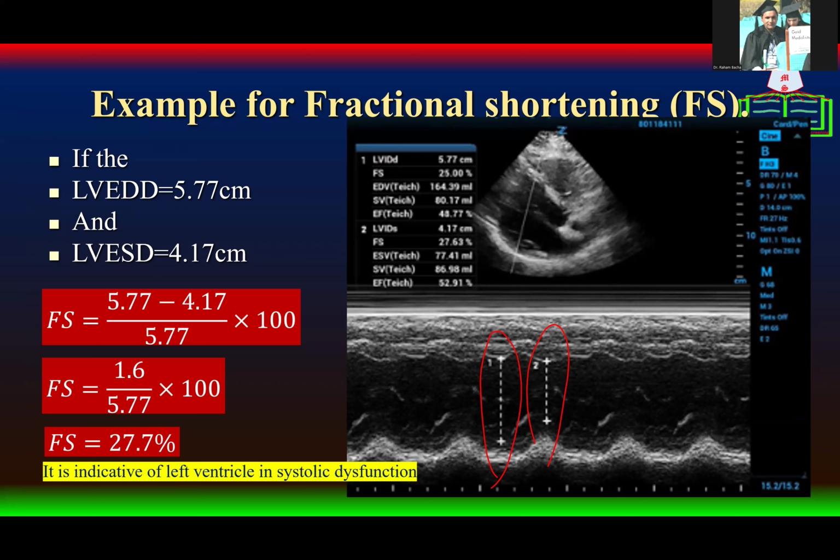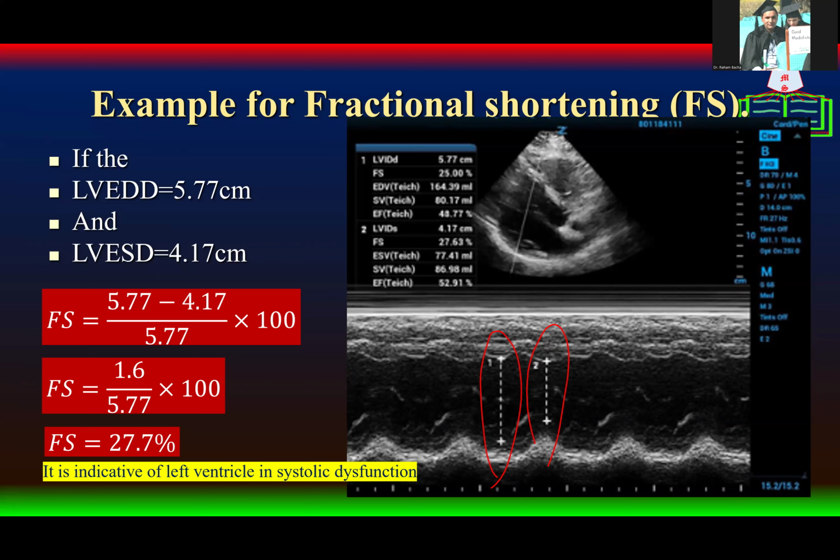The difference between the two is 1.6 out of the total dimension during diastole, 5.77, and then it is multiplied by 100, and the fractional shortening we get over here is 27.7%.